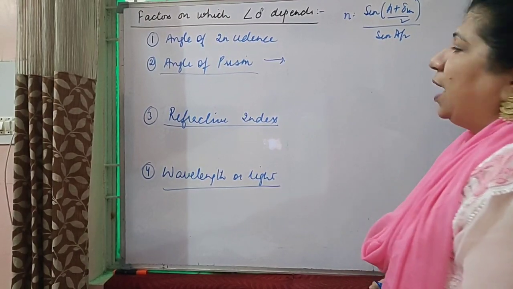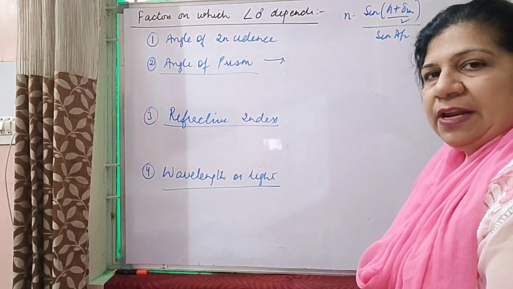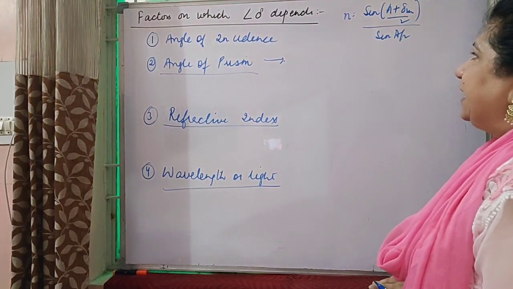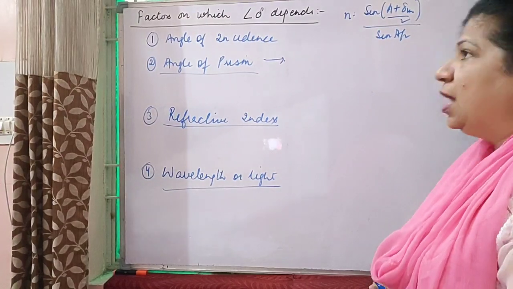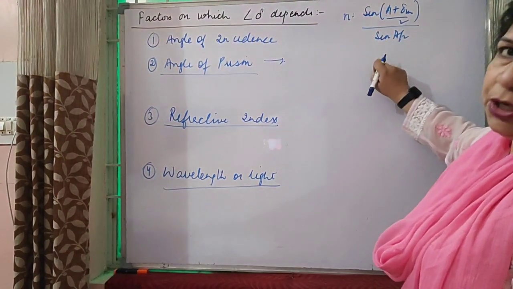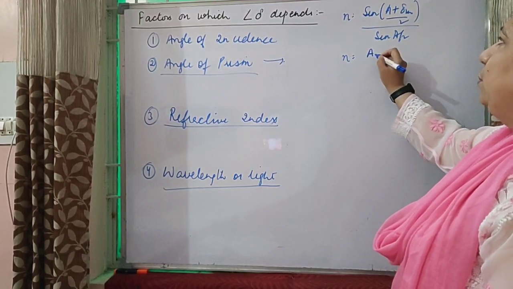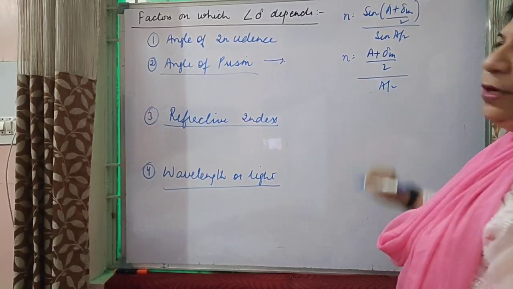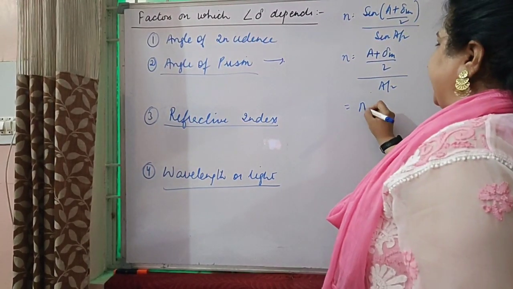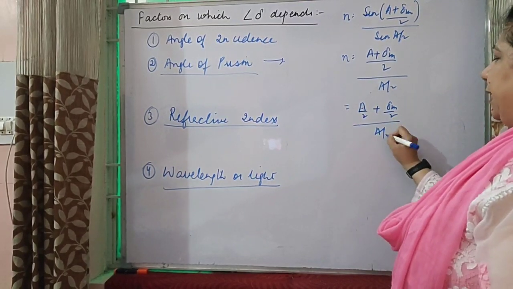If we are taking a very small prism, very narrow, then the prism angle will be very small, the deviation will be very small, and hence we will ignore the trigonometrical sine. So in that case n is equal to (A/2 plus δm/2) upon A/2.